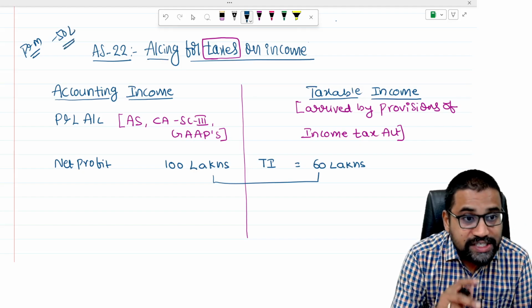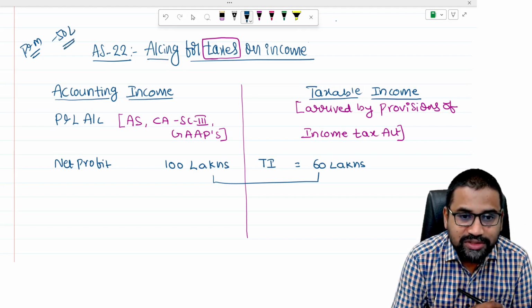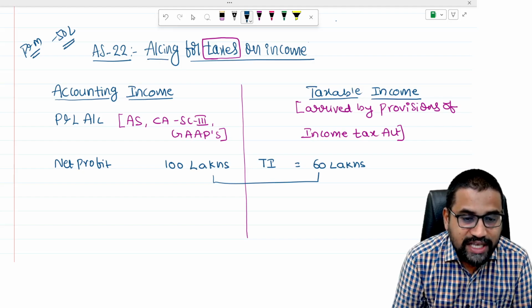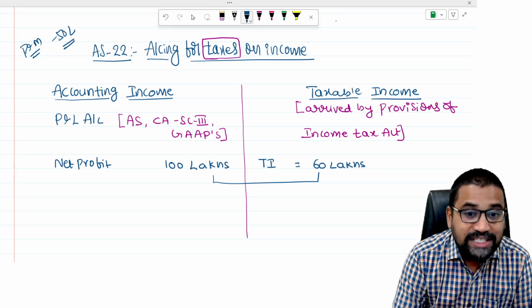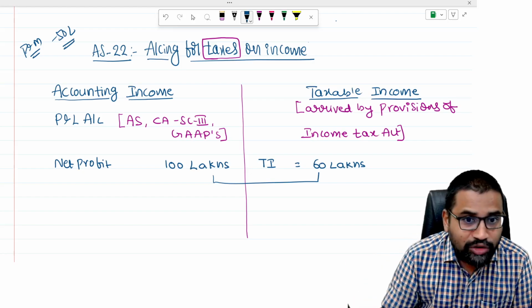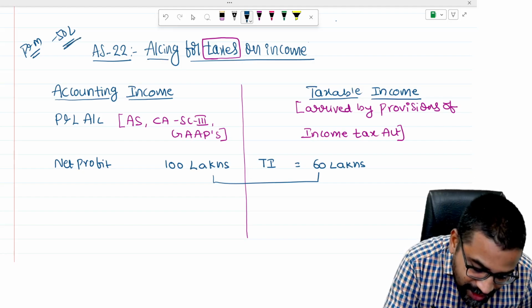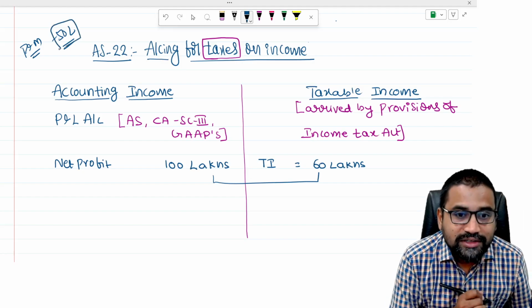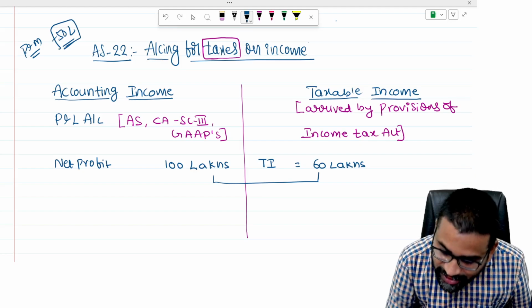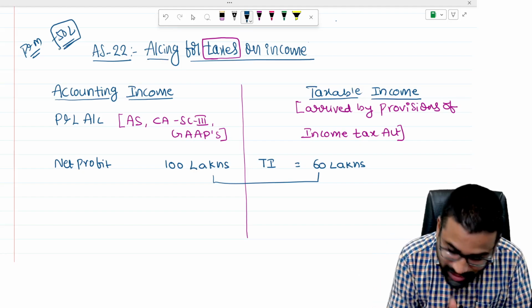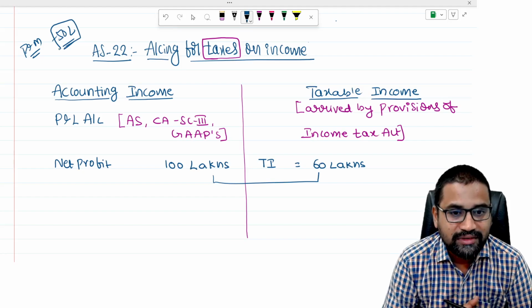This 50 lakhs we don't debit to the P&L account; we show it in the balance sheet. We don't treat this as a loss or an expenditure. But the Income Tax Act allows this 50 lakhs as a deduction. So definitely differences will come when you compare accounting income and taxable income.